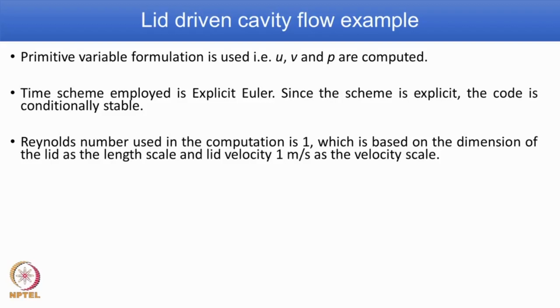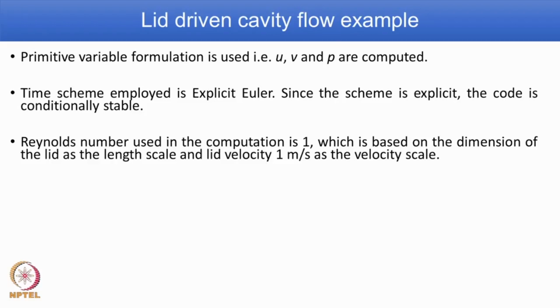Reynolds number we need to define and we need to have a length scale and velocity scale. The length scale in this problem can be a side of the cavity or it can be the aspect ratio of the cavity. In this particular problem, because we have considered a square cavity, all the sides are equal.